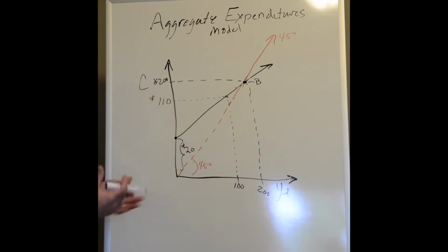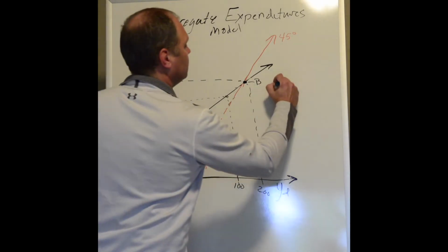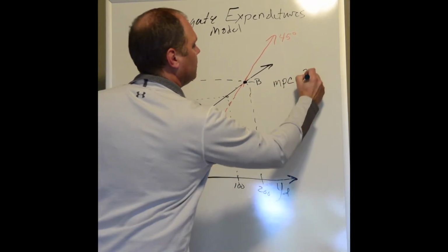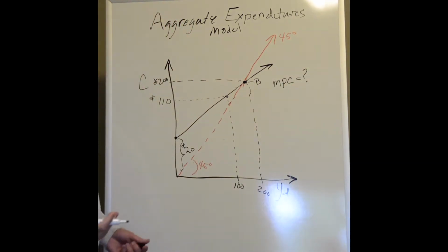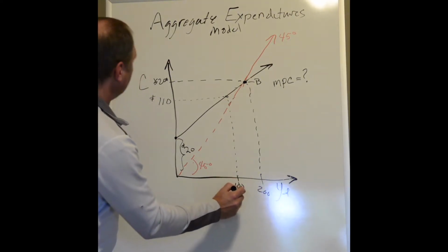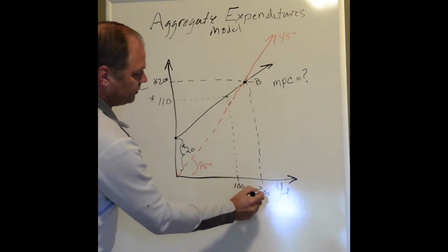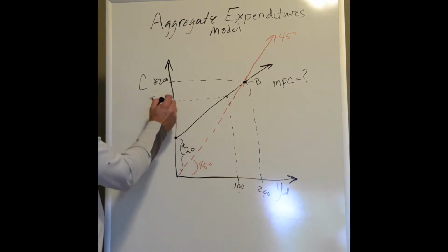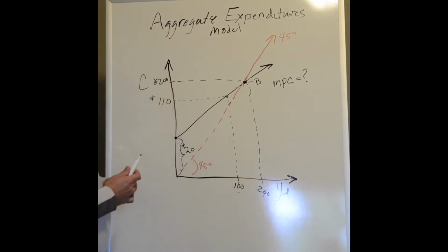So one, we know the slope of this line is your marginal propensity to consume. How are we going to figure that out? Well, we've got a couple of points here. When we went from $100 to $200 of income, our consumption went from 110 to 200.